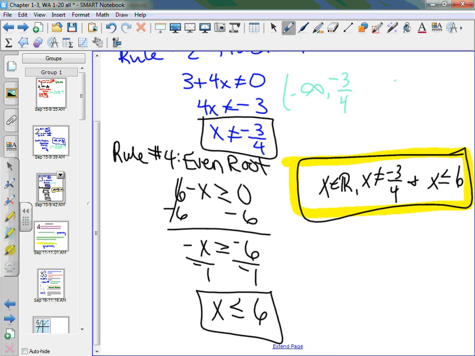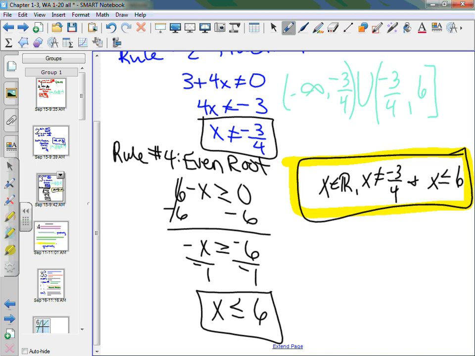Open. It cannot be it, which means it's parentheses, right? Union. I start again at negative 3/4, comma, and then how big can it be? Can it be 6? So if it can be 6, what does that mean? Closed, which is what? Bracket or parentheses? Bracket. Do we understand that? It's something new. I have to introduce it to you so that you can see how we use it, okay?